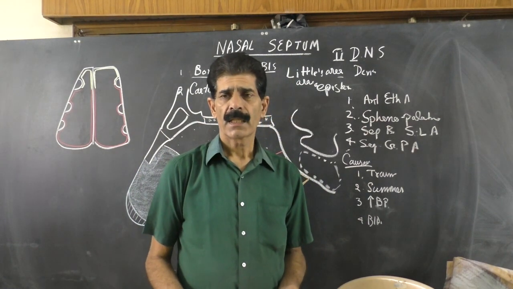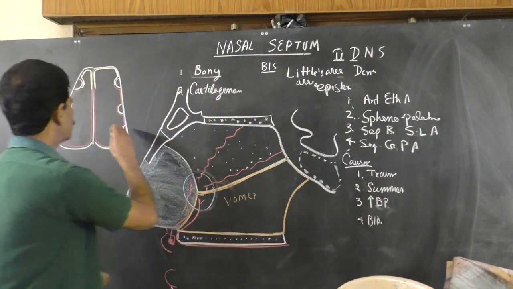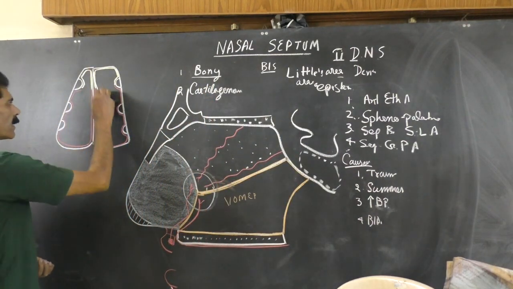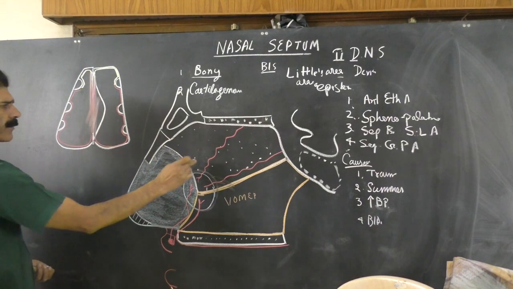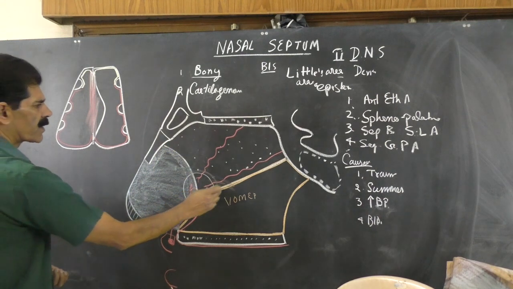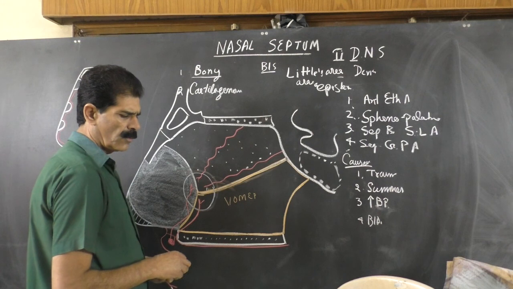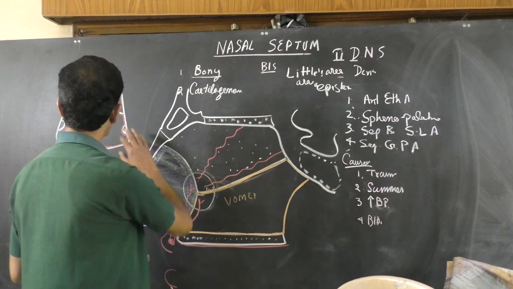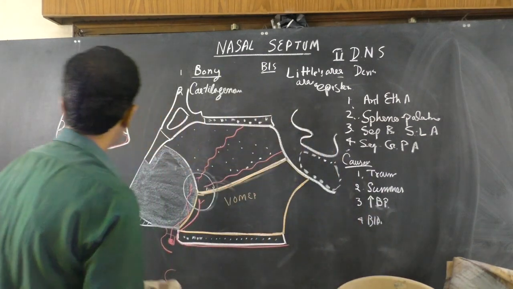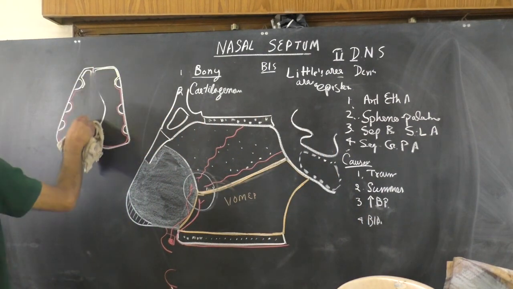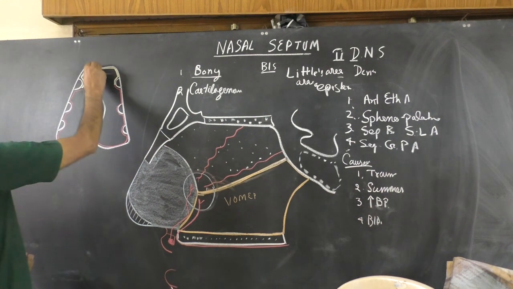Congenitally, some people are born with a nasal septum which is tilted to one side, and usually this occurs at the vomeroisthmoidal junction. The bone at this junction is usually overlapped and deviated to the right or left side. So this causes the deflected nasal septum.